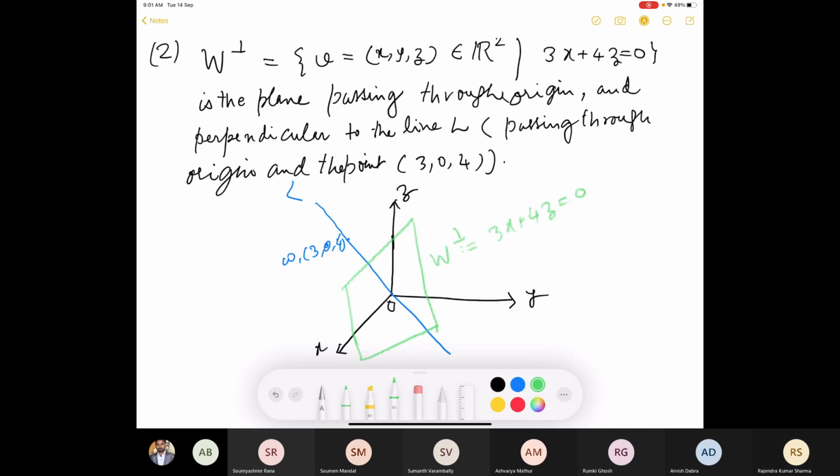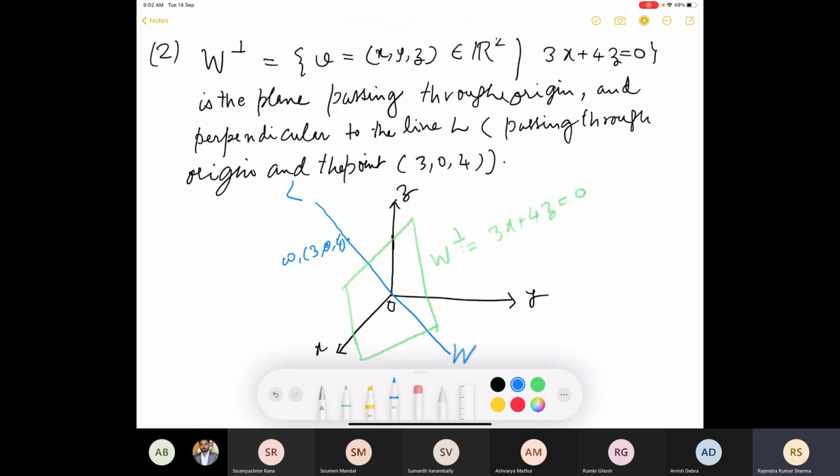You can see that the two together will make the whole space. So geometrically, if you want to see it, the normal here and the line will coincide.